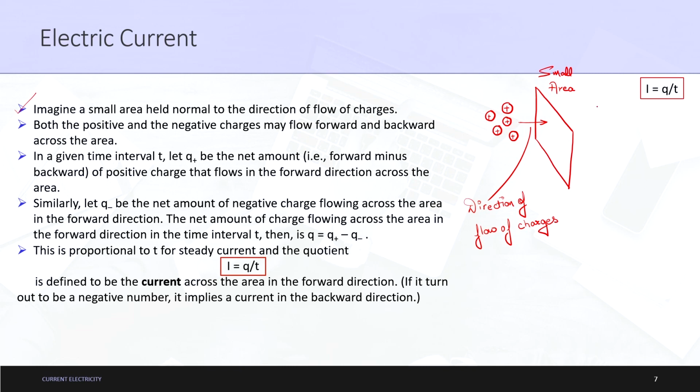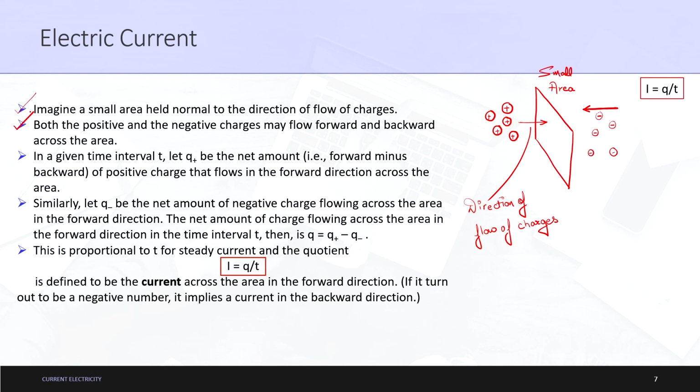Quite evident, even if the charges are placed here, there can also be a movement in this direction, and it does not depend on whether the charges are positive or negative, anything can flow through this small area. Let us suppose I am assuming these charges to be negative. Okay, so both the first and second lines are being explained.